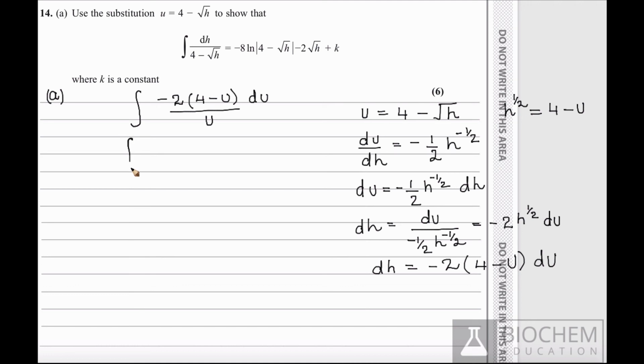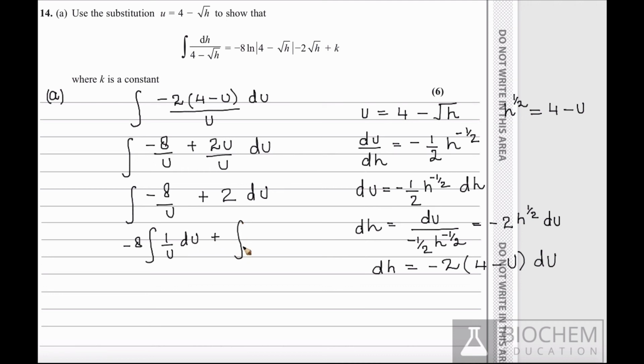So simplifying this further, we can say it's negative 8 plus 2u over u with respect to du. Simplifying it further, we can say negative 8 over u plus 2 with respect to du. Now we will integrate each term individually. We can write this as negative 8 integrate 1 over u with respect to du plus integrate 2 du.